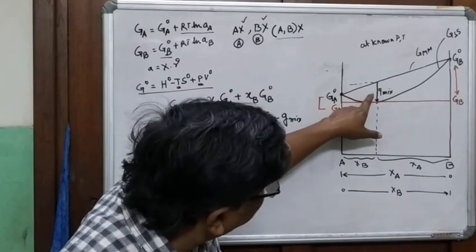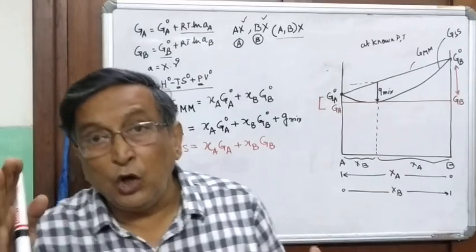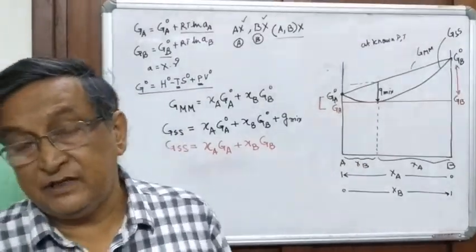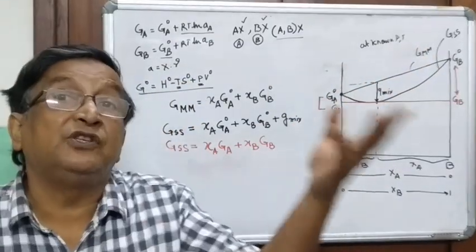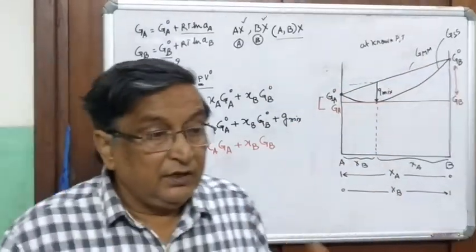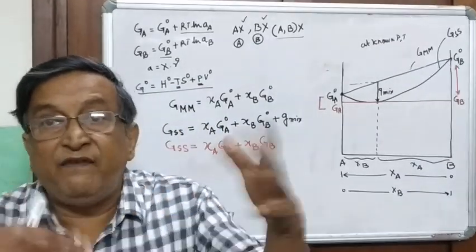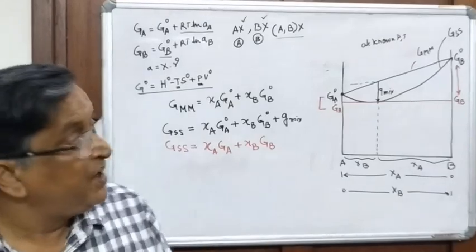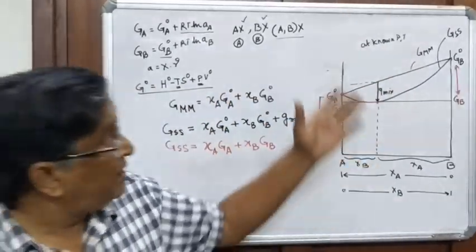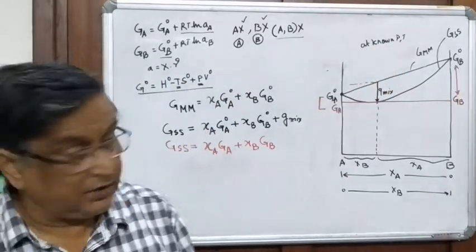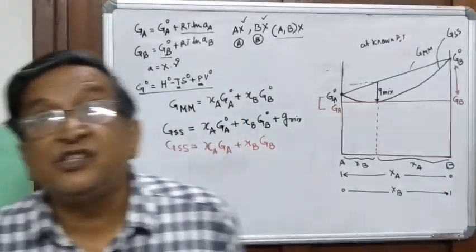So the G mix value and the GB and GA values are all compositional variables at this pressure temperature condition. They are also functions of pressure and temperature, but to understand solid solution, you may see it at a particular pressure. If you change all variables, it will become very complex. So at a known pressure temperature condition, these variables will change their slope. They are functions of composition.